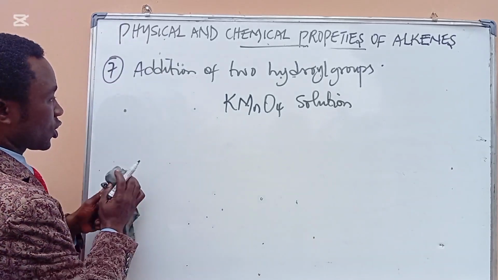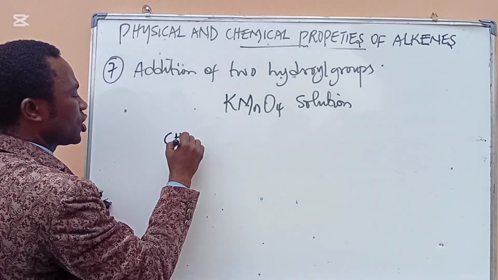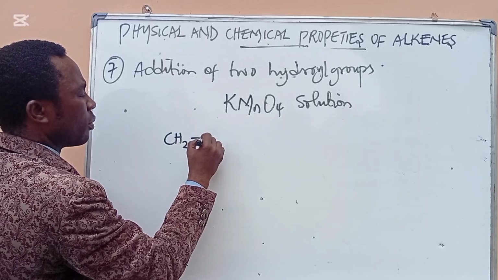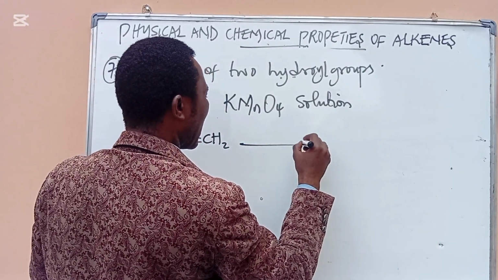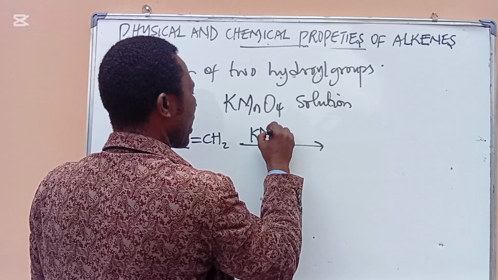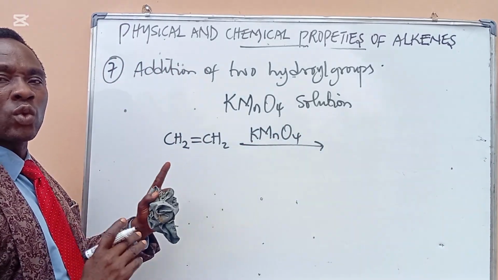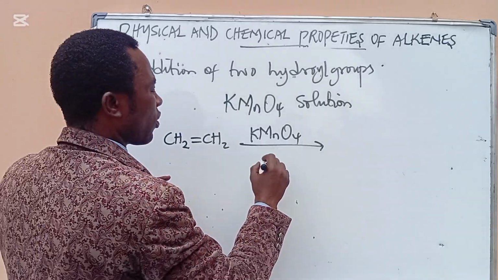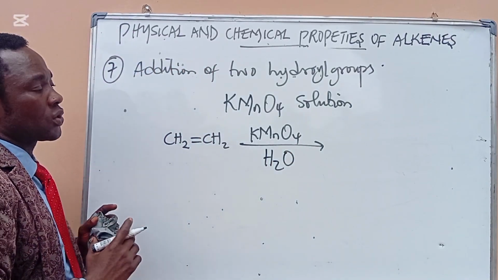If we look at the reaction, when we have an alkene like CH2 double bond CH2, we are adding KMnO4. Remember it is a solution of KMnO4. Because it's an aqueous solution, we have water.